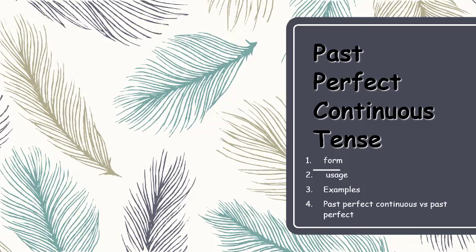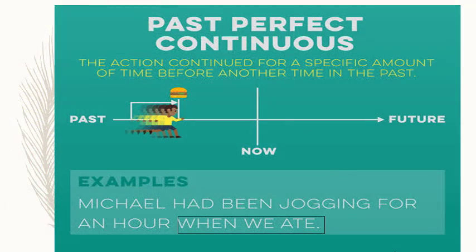So let's start. Past perfect continuous is the action continued for a specific amount of time before another time in the past. Let us read the example. Michelle had been jogging for an hour when we ate. So here, had been jogging is an action which is continued.